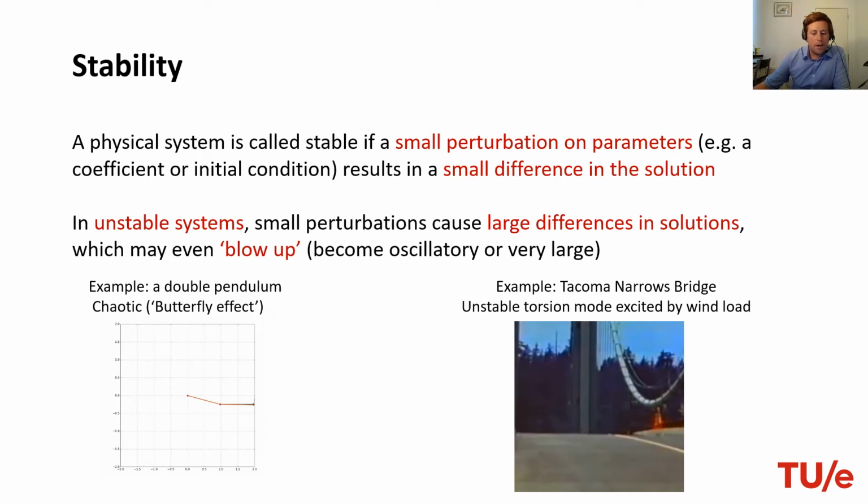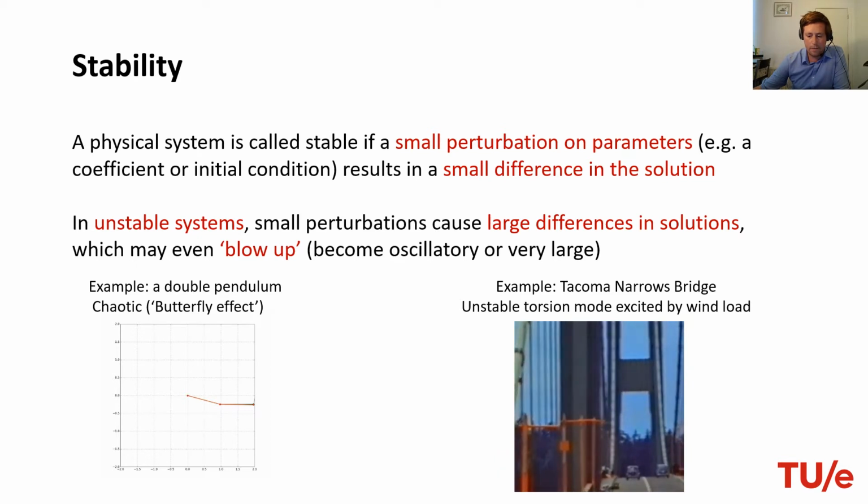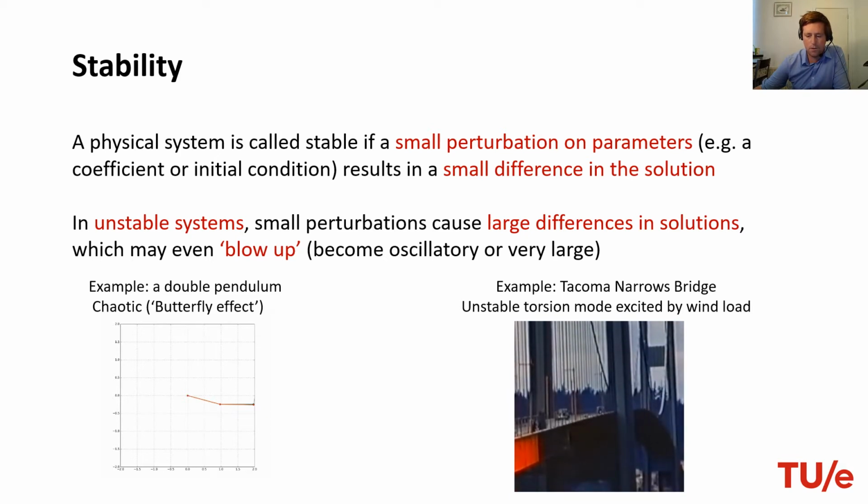Another example of an unstable system is the well-known Tacoma Narrows Bridge, where an unstable torsion mode was excited by a wind load, which in the end led to the collapse of this suspension bridge. Let's look at the movie here, and we see that initially there are some oscillatory movements of the bridge.